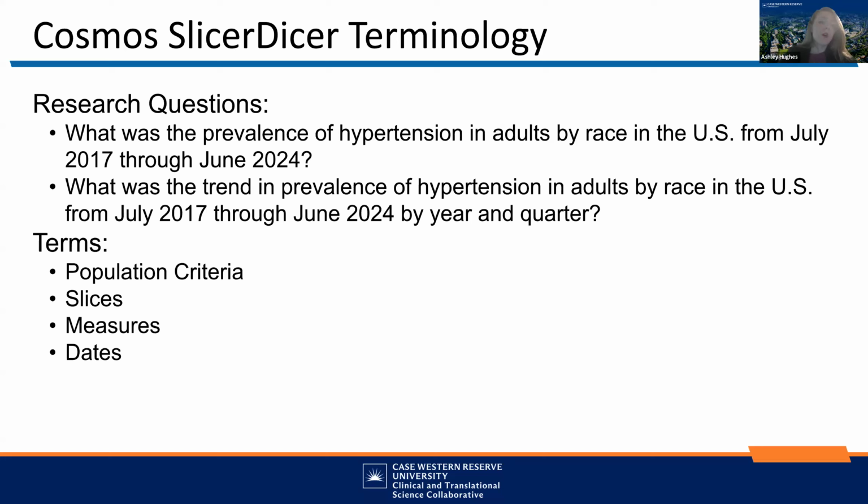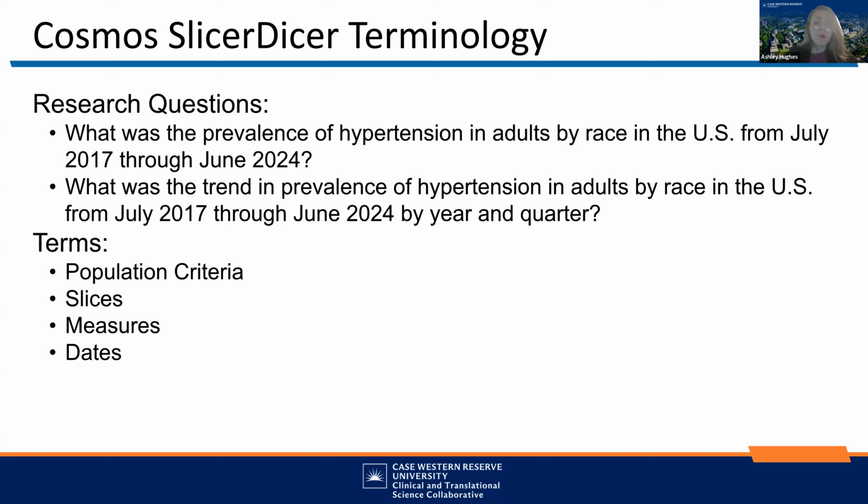So for today's walkthrough and examples that Craig will be performing live, we have two overarching research questions. The first is, what was the prevalence of hypertension in adults by race in the US from July 2017 through June 2024? And the second being, what was the trend in prevalence of hypertension in adults by race in the US from July 2017 through June 2024 by year and by quarter?